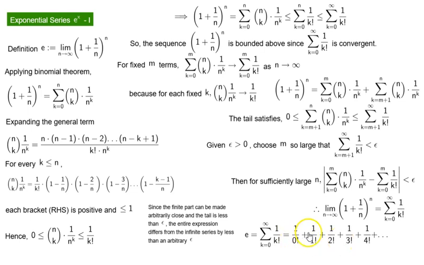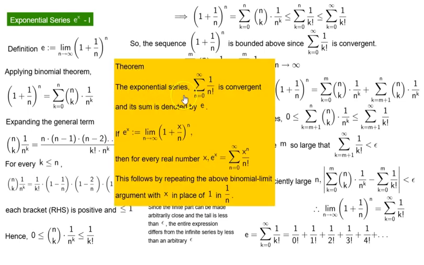So the series is 1 plus 1 plus 1 by 2 factorial plus 1 by 3 factorial and so on. Now this was the series expansion for e, but what we are interested in is e to the power of x. So the exponential series 1 by n factorial is convergent and its sum is denoted by e. That is our conclusion based on this derivation.